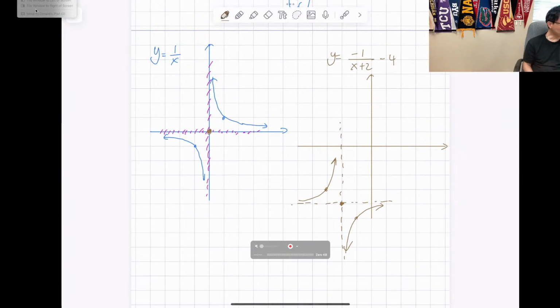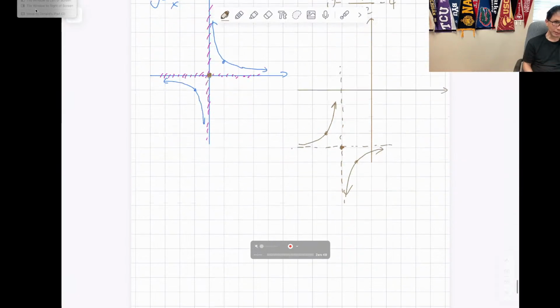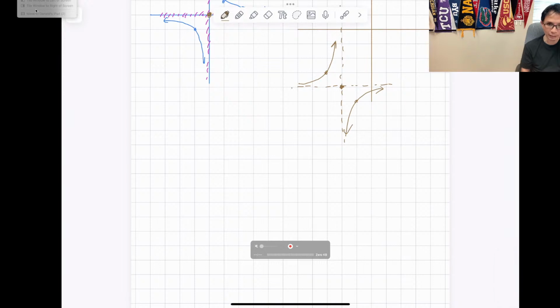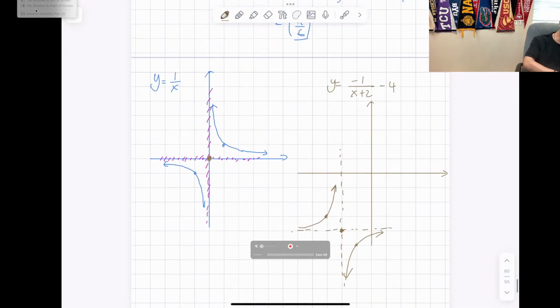Is this okay? Okay, so let's start by talking about what is a rational function. This is also known as a reciprocal function. Now, a reciprocal function is an odd function.